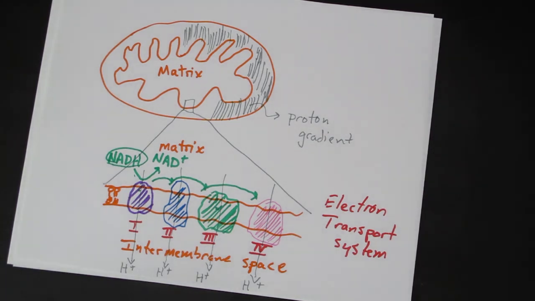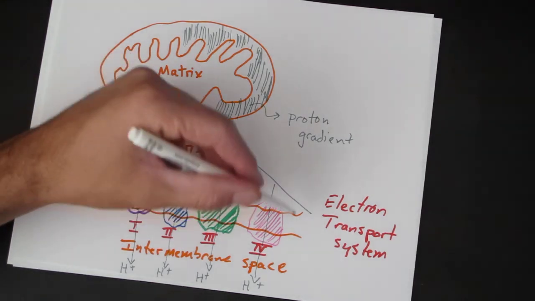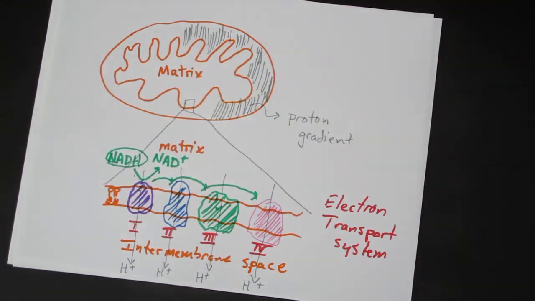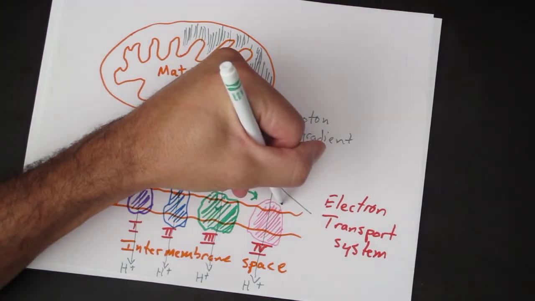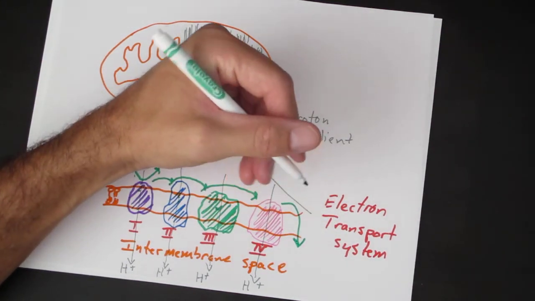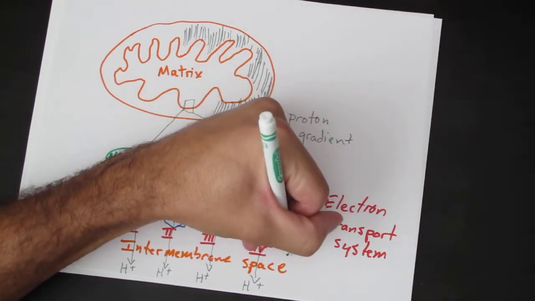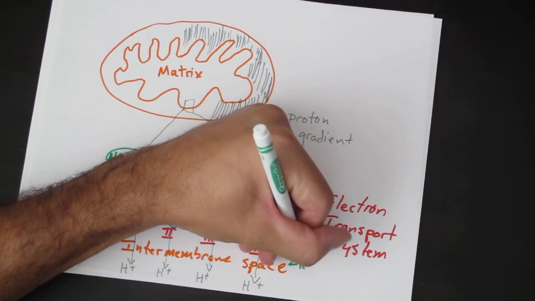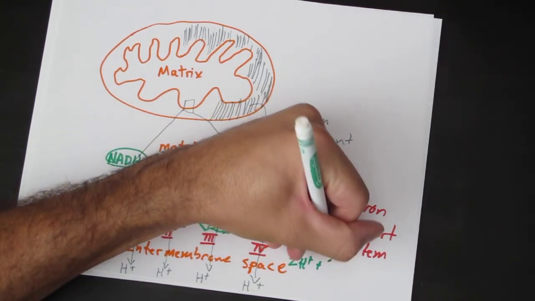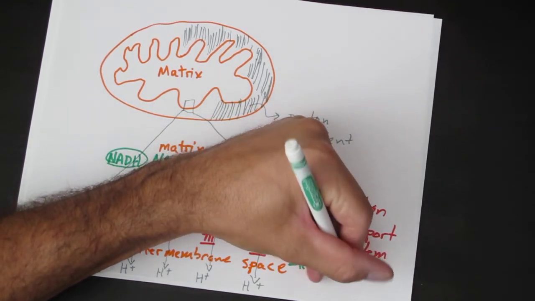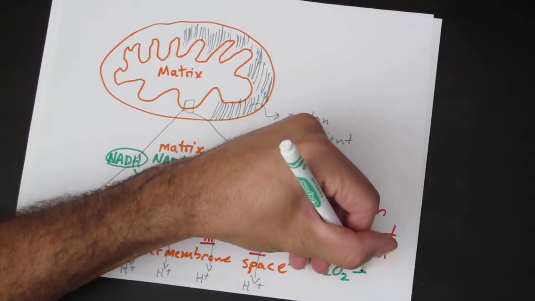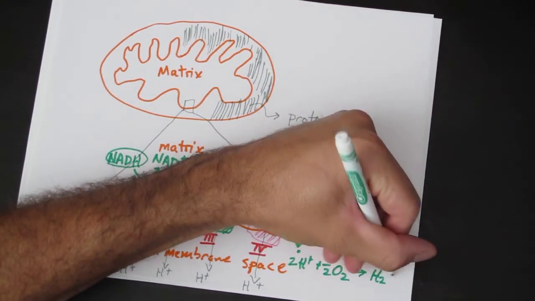Now, at the end of the electron transport system, at this last enzyme, that electron is eventually going to be kicked off of that enzyme, and it's going to get accepted by oxygen. We're going to see 2H plus 1/2 of oxygen, or an O, getting converted to water as a result of that.